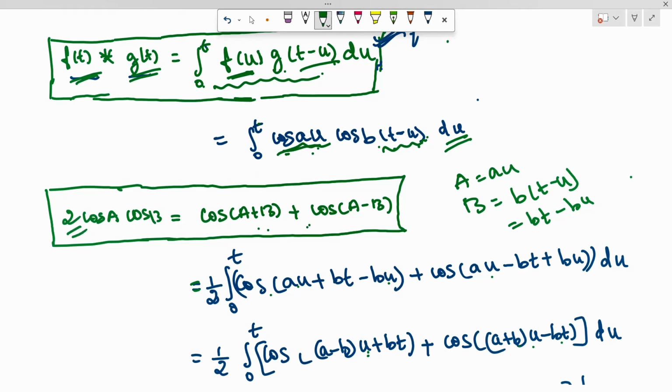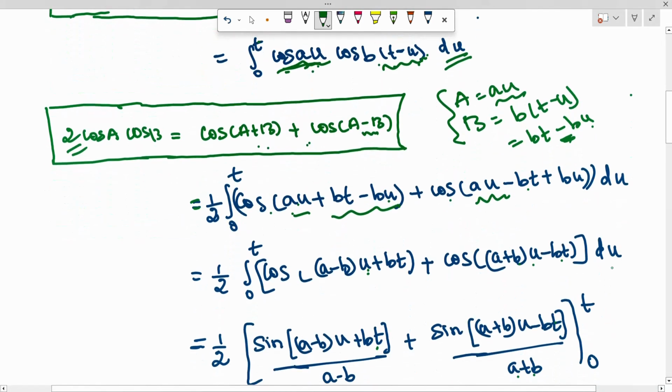In the formula 2 is there, here 2 is missing, that's why we write 1 by 2. 1 by 2 into integral 0 to t cos of a plus b. A is au, written here, plus b is bt minus bu, written here, plus cos of a minus b. A is au, minus b, bt minus bu. Here one negative sign is there, that's why we write plus. In the formula also one negative sign will come, it will be positive, plus bu into du.